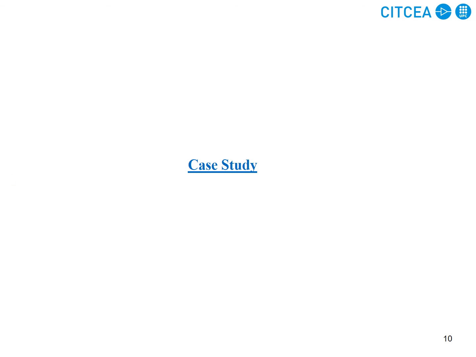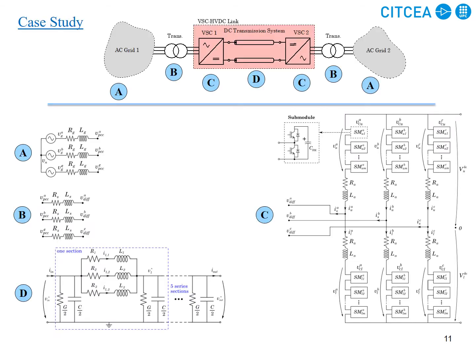To better illustrate whether this classification is useful, or why we are using it in the first place, let's have a case study on a modular multilevel converter based HVDC system. Here VSC 1 and VSC 2, as indicated by C, are MMCs. This is the transformer model, which is an RL circuit.